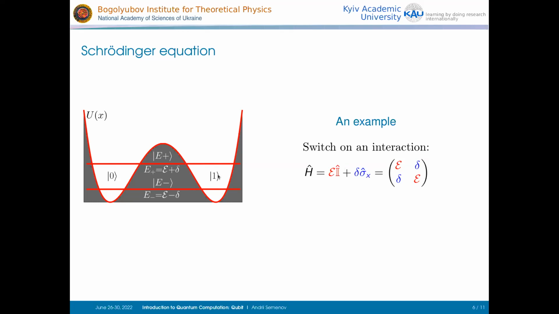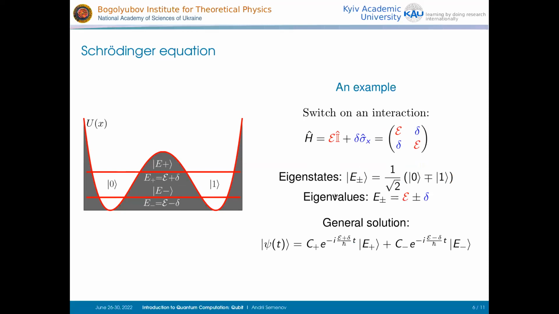This interaction, or closeness, means that something else appears: delta, for example, times sigma x. Sigma x is the same Pauli matrix as for the X gate. Your Hamiltonian is now such a matrix. It is very easy to find eigenstates and eigenvalues of this matrix. They are written here and here.